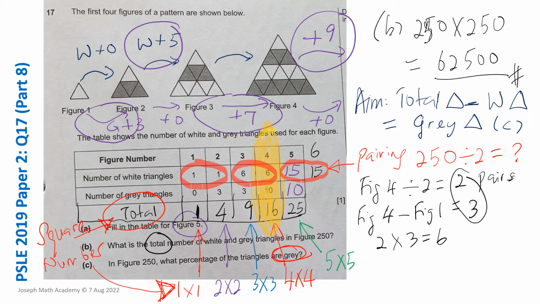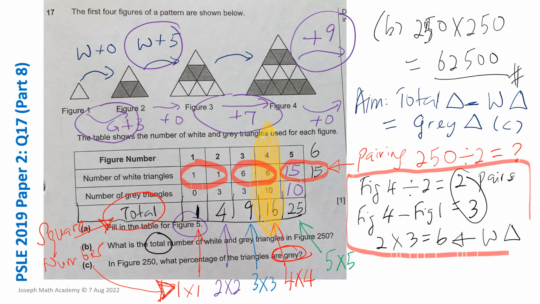There, 6 is actually the number of white triangles. Let's use this to help us solve part C.